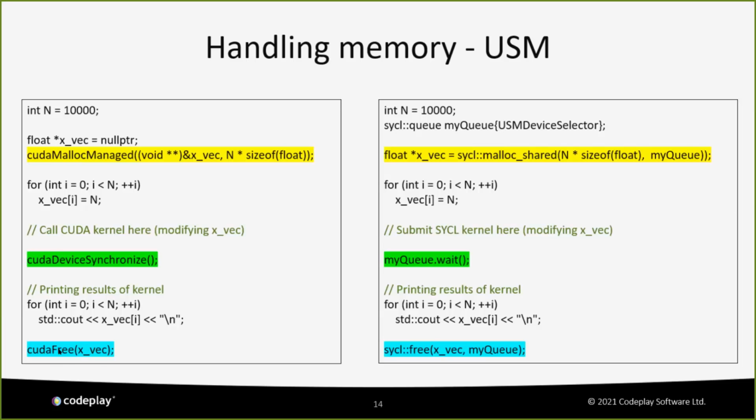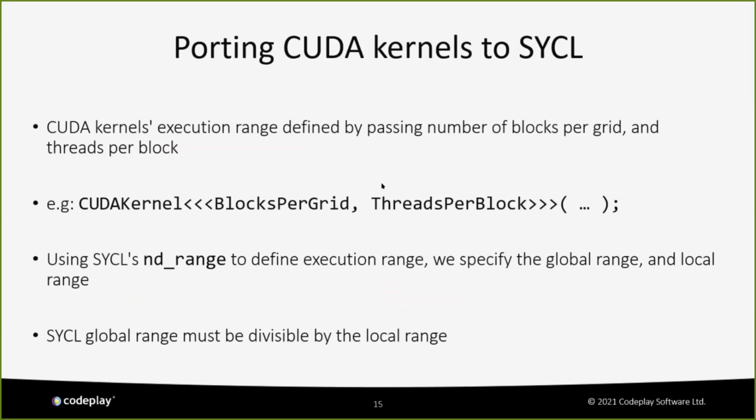And finally, the CUDA free call is replaced by SYCL free, which also requires the same queue parameter. So CUDA kernel's execution range is defined by passing the number of blocks per grid and threads per block. So you can see the invocation here.